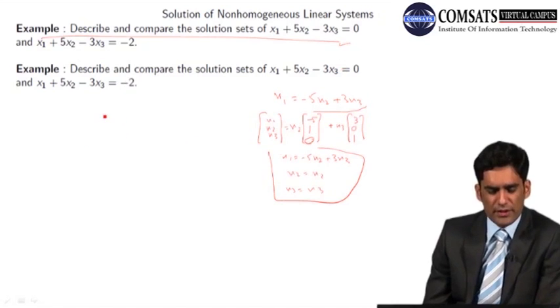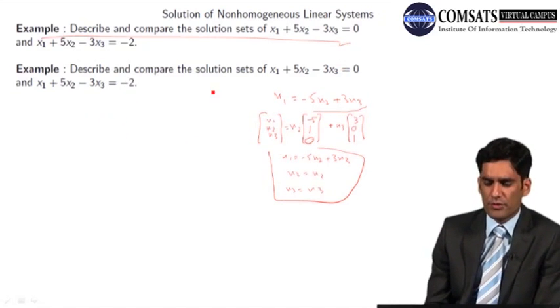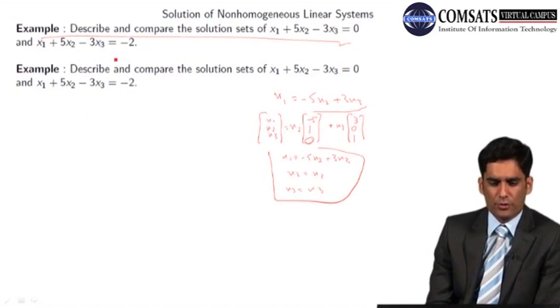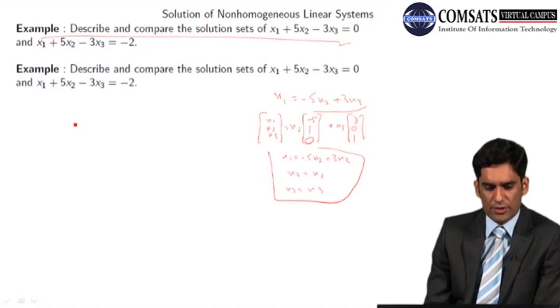Now we want to study the relationship between the solution of this homogeneous equation and this non-homogeneous equation. This non-homogeneous equation has the solution x1 equals -2 minus 5x2 plus 3x3.